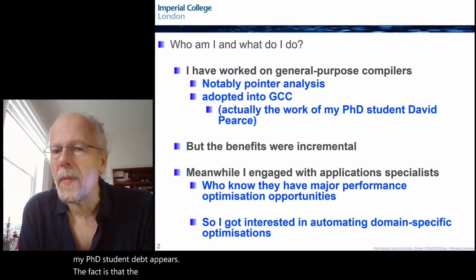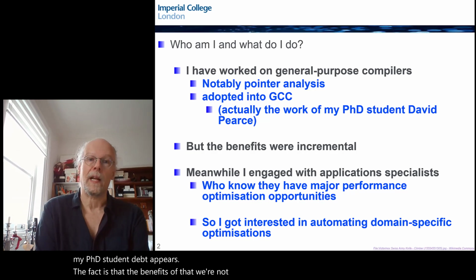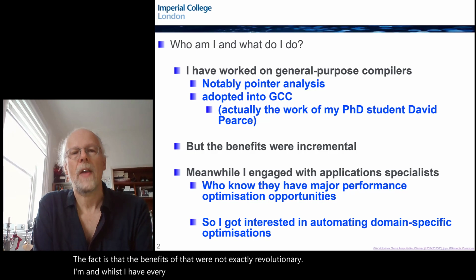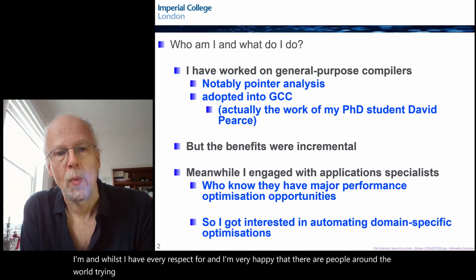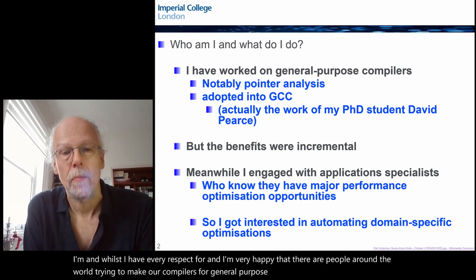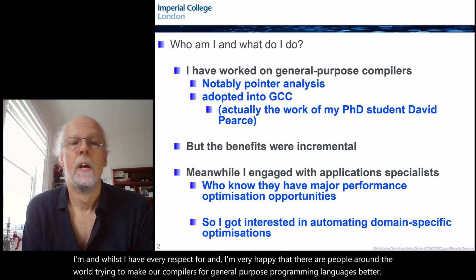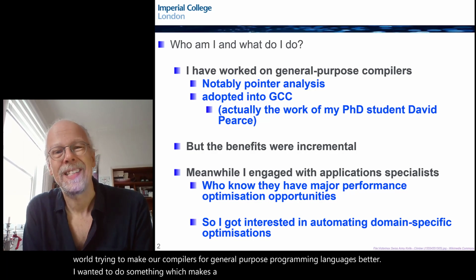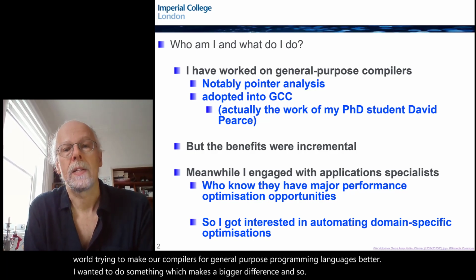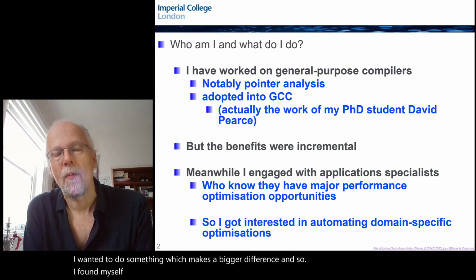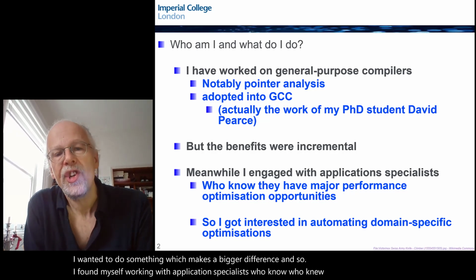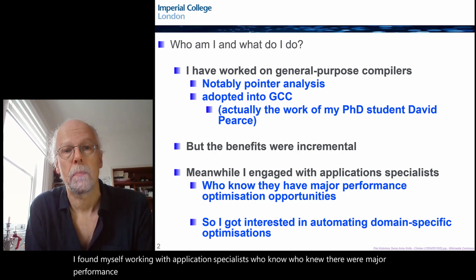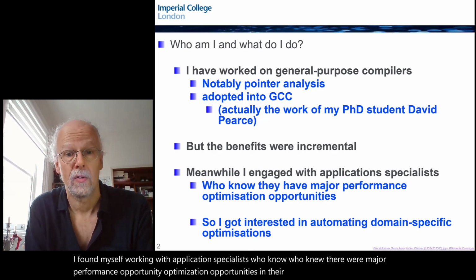The fact is that the benefits of that were not exactly revolutionary. And whilst I have every respect for, and I'm very happy that there are people around the world trying to make our compilers for general purpose programming languages better, I wanted to do something which makes a bigger difference. And so I found myself working with application specialists who knew that there are major performance optimization opportunities in their code.